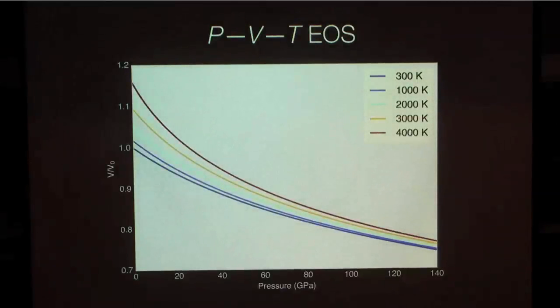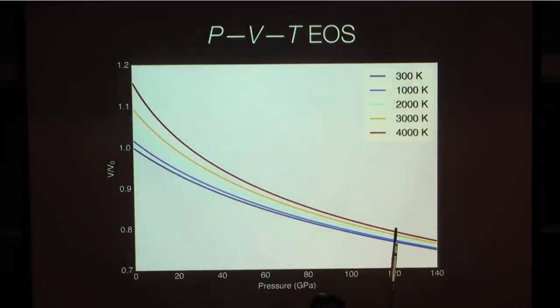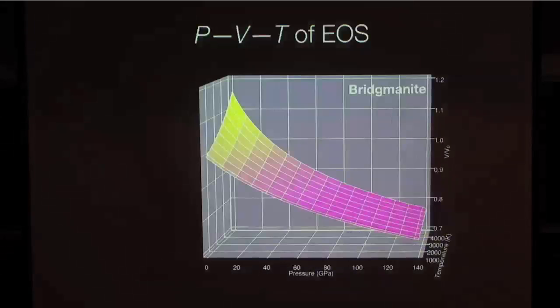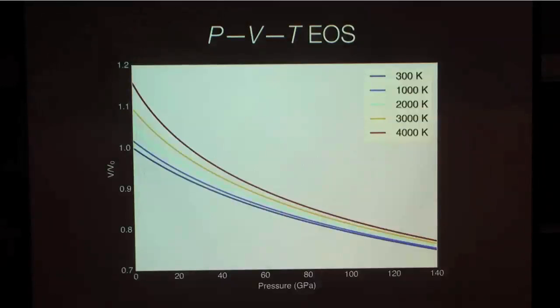So now, people actually love to project the properties. In fact, this is the more common view of the PVT equation of state. This is literally taking a projection of this diagram toward this direction, so you get rid of the temperature axis.